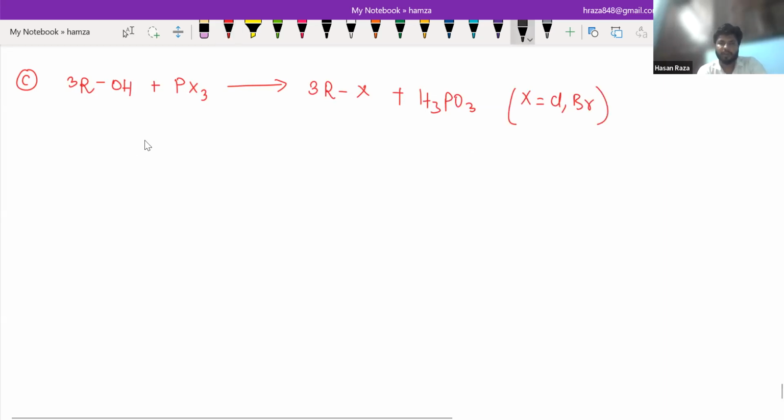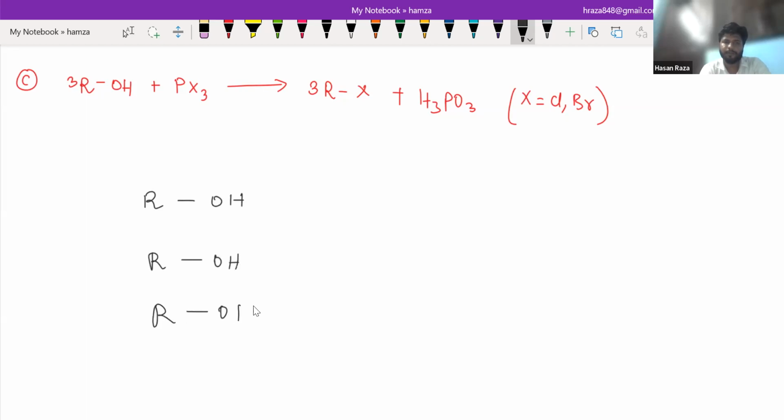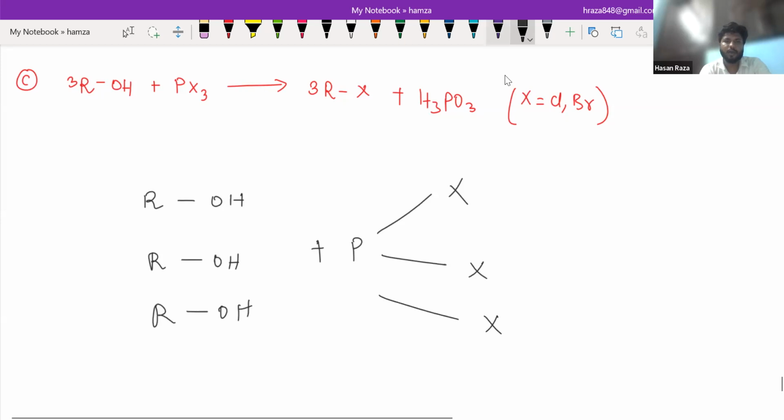Now I'm going to explain this. This is very easy. If there is ROH, now see ROH, PX3. You can see 3 moles of ROH reacting with PX3, X, X, and X. So what happens here? Just omit this.